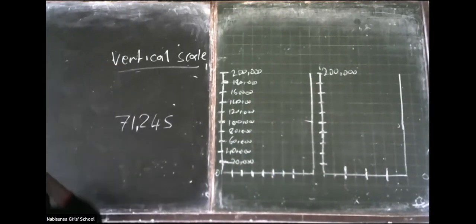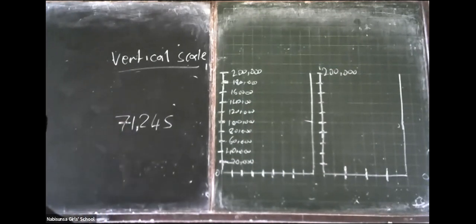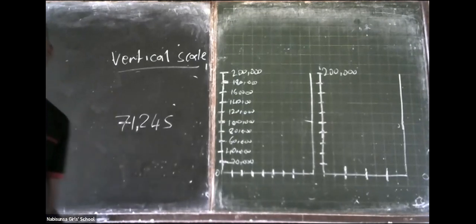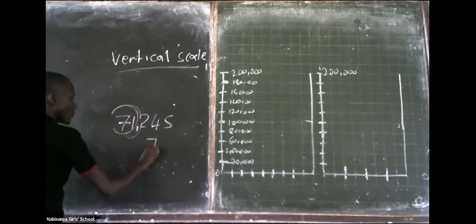Yes, tell me. Assuming this is the highest amount on your table, what do you do? The same method we have used. Replace one. We take this one. We say 71.